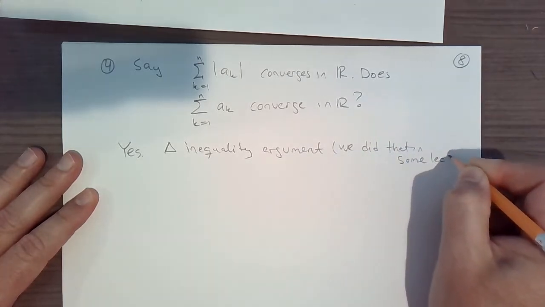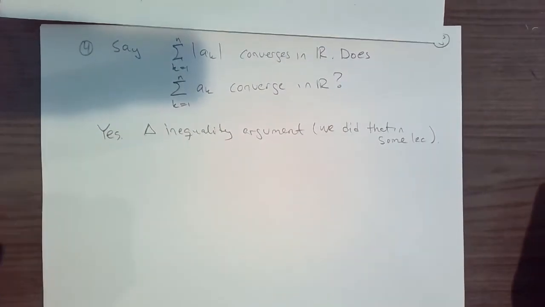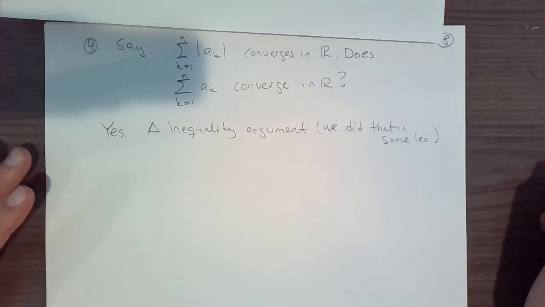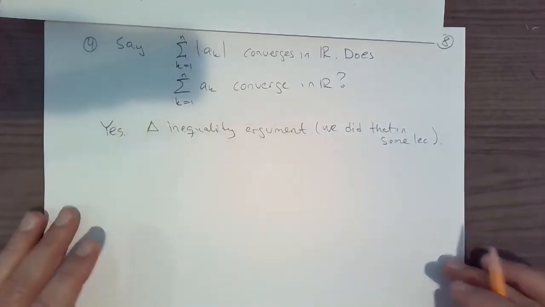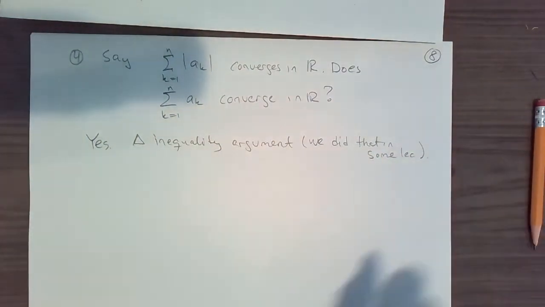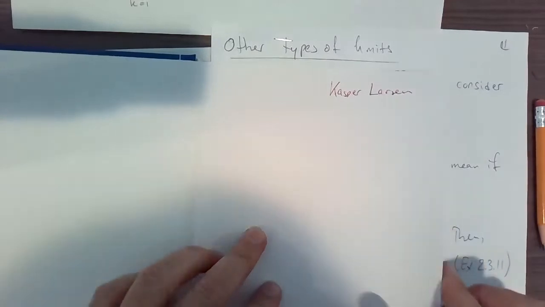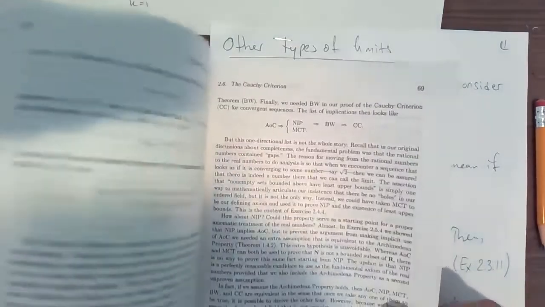I forget what the number was. Absolute convergence theorem. Yeah, so I think it's somewhere in here. I forget what lecture it was. I think it's one of the lectures we did in person.